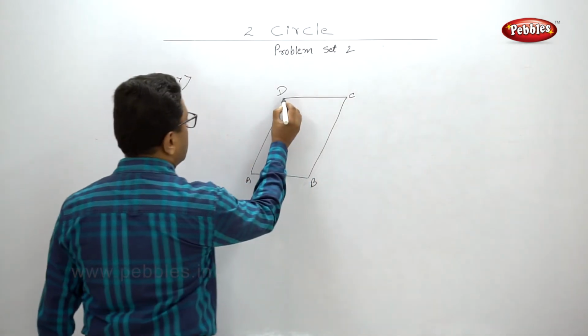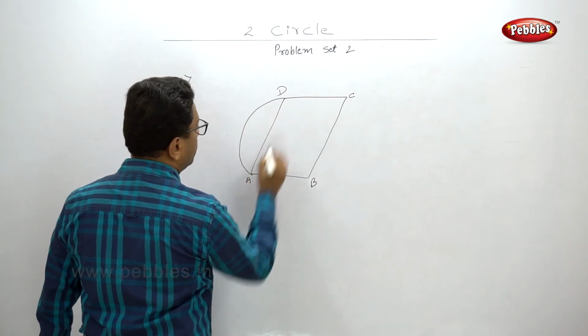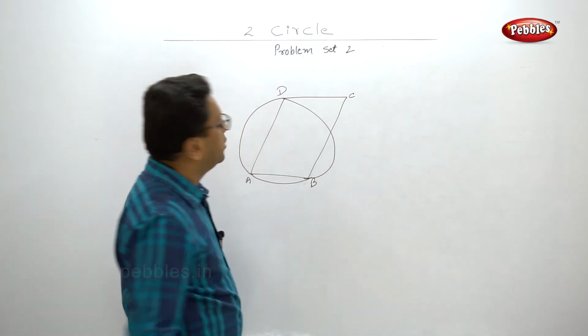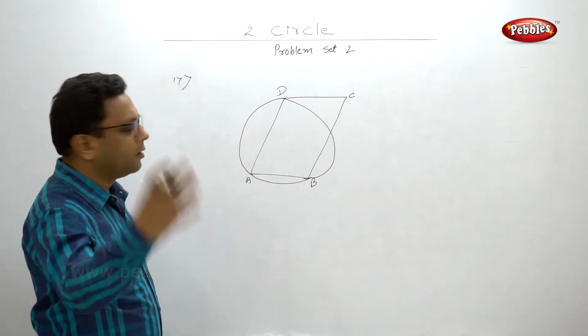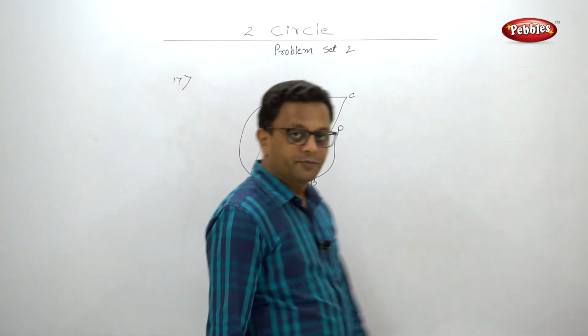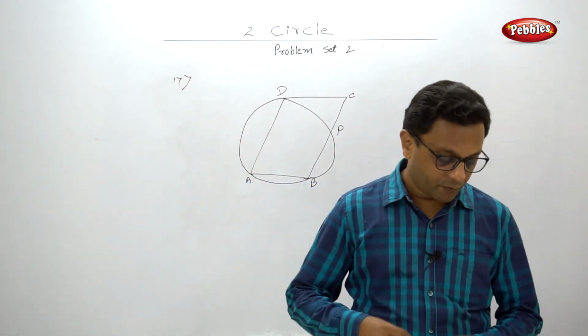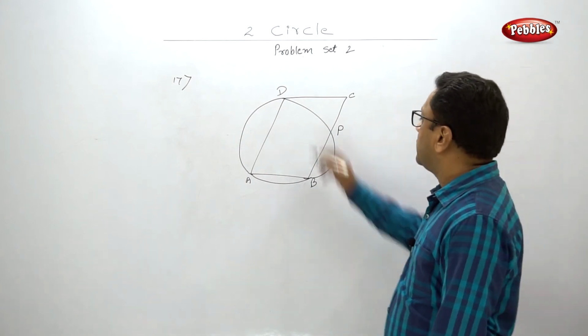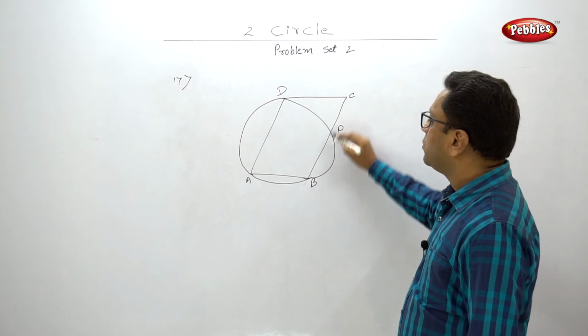So let us draw one circle. I am drawing a rough circle. It doesn't look like a circle, but assume it. It intersects in P. What do they say? Prove that DC equal to DP.